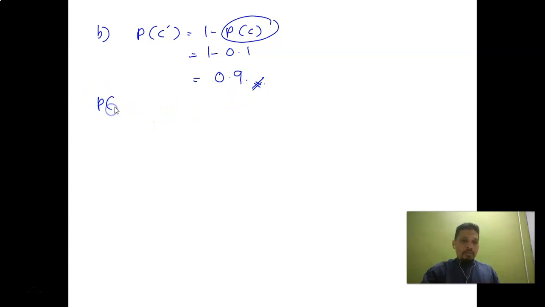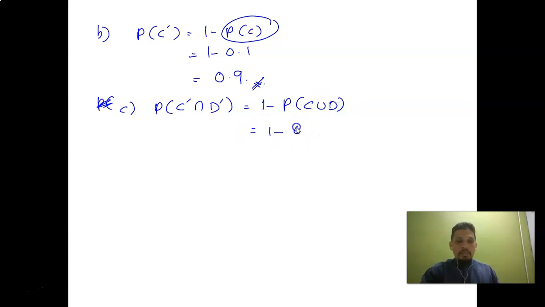And then probability of C complement intersect with D complement. Okay, so it is 1 minus probability of C union D, it is 1 minus 0.3. We found it because we have proved this in question A, so now it is 0.7.